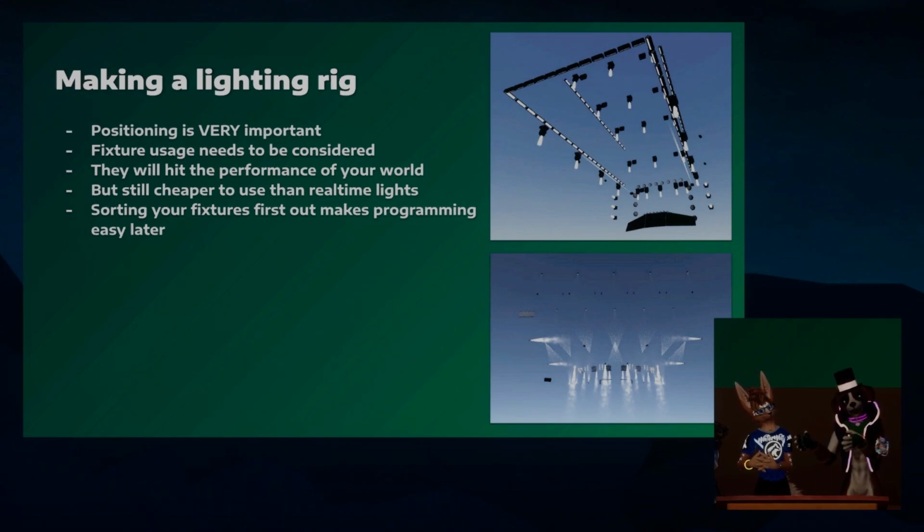The more lights you have, the more overhead on the graphical side of drawing lights. But then it also comes down to the type of lights that you're using. AC's done a fantastic job making the VRSL system that we all use for our stage lighting effects.